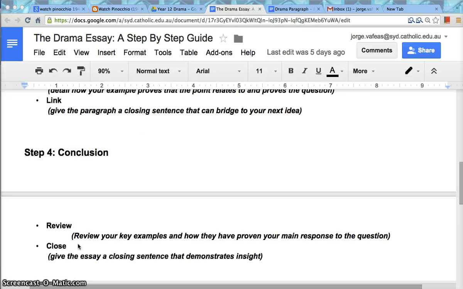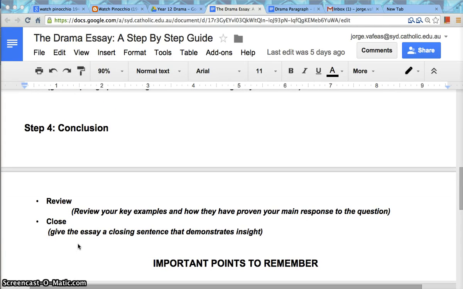And then the conclusion looks at reviewing your key examples and how they have proven your main response to the question. And you then give a final sentence about your insight. So that's your therefore X equals Y type of statement. Therefore, it is obvious that black comedy can, etc., etc., etc.